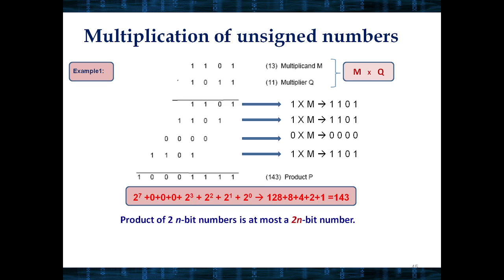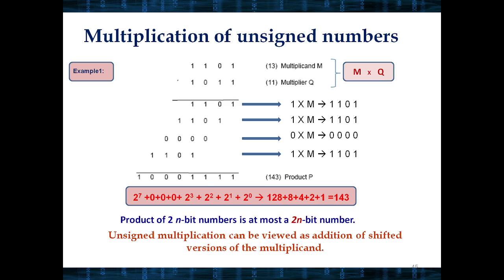The product of two n-bit numbers is at most a 2n-bit number. Here the multiplicand and multiplier are both 4-bit numbers, so the product will be 2 into n, where n is 4. So 2 into 4 is 8 bits. The product will be an 8-bit number.